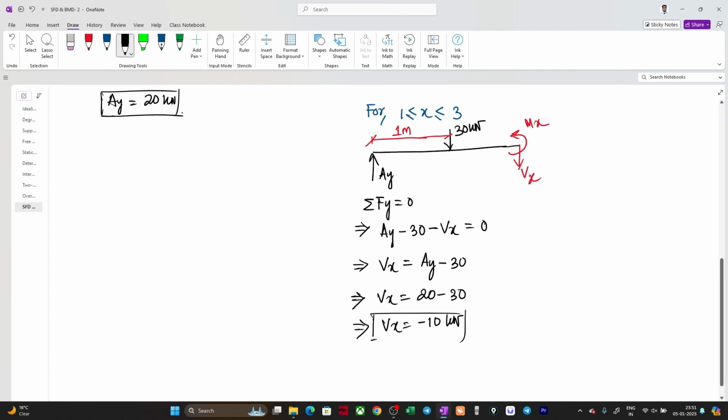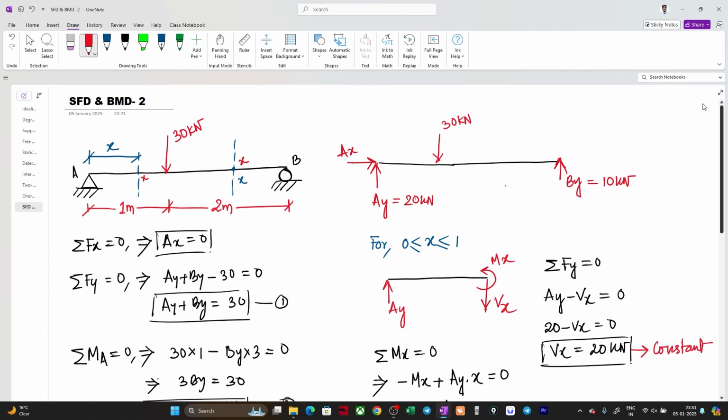So again you are seeing this is the shear force that we are getting, it is constant. But now it has changed its sign. Why has it changed its sign? On the right hand side of this particular point load, everything will be on the negative side, because a sudden load is applied.